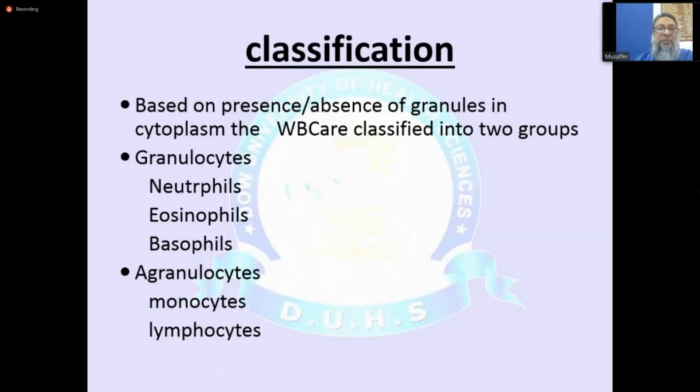It accepts both types of the dye when we stain the blood film with the right stain. And this stain contains the basic dye as well as the acidic dye. Phils means attraction. So they attract both the dyes. So we call this neutral in accepting the dye. So the name is neutrophil.